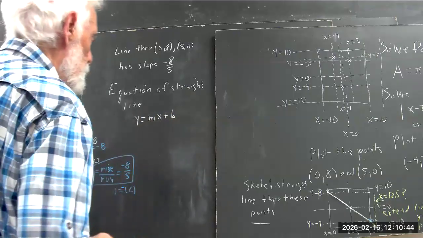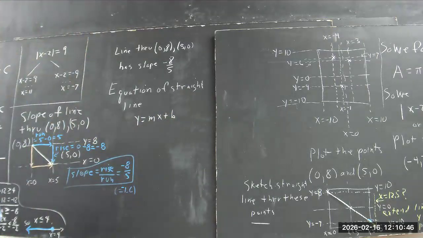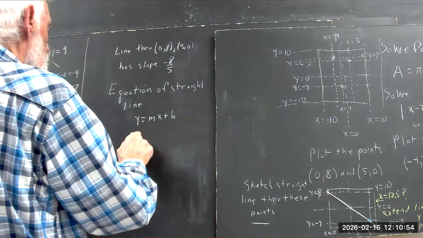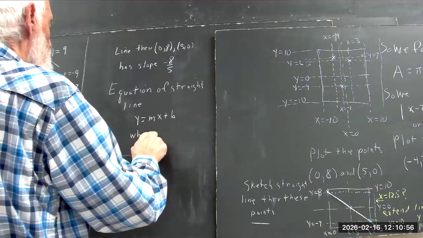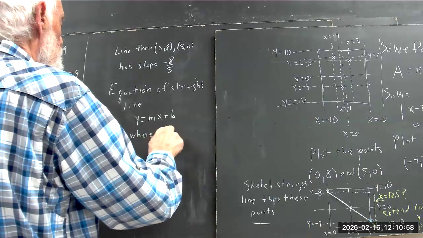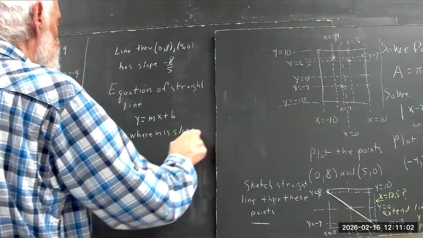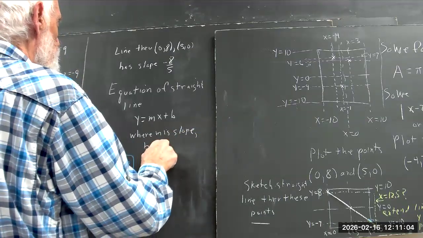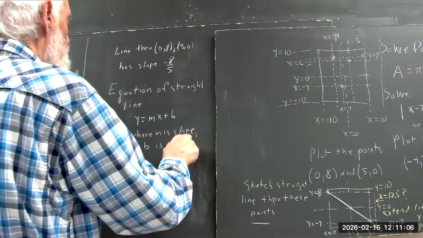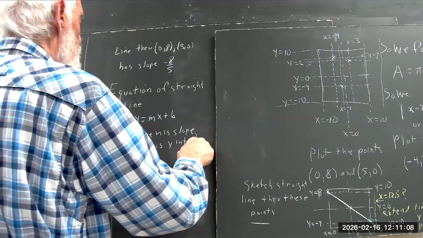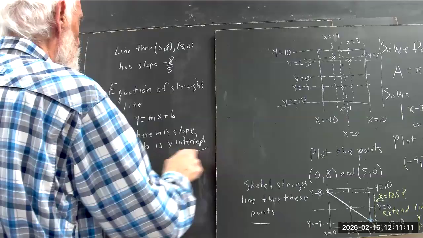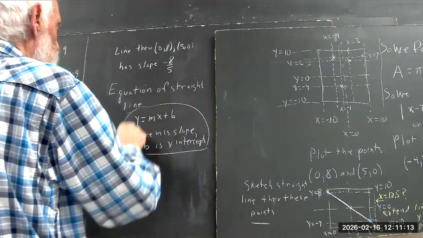The equation of a straight line is y equals mx plus b, where m is the slope and b is the y-intercept.